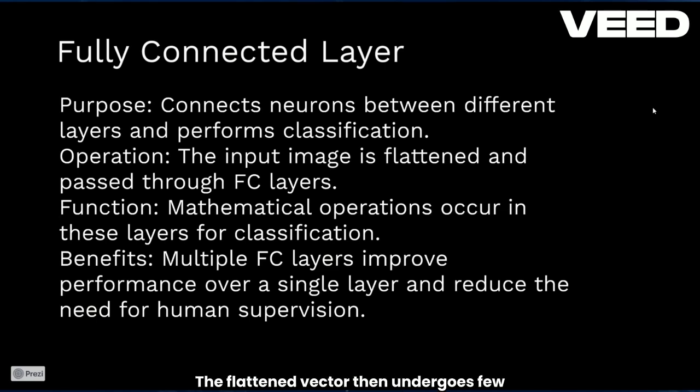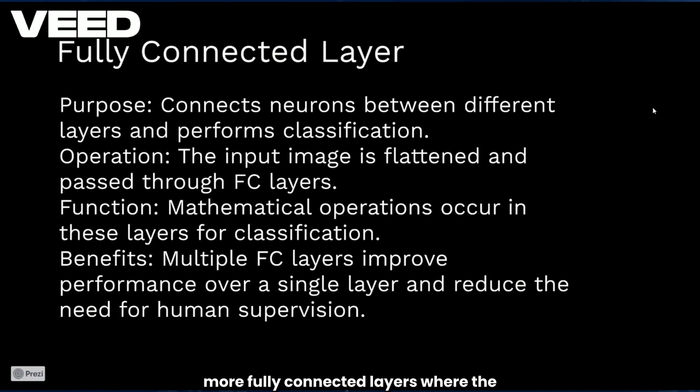The flattened vector then undergoes a few more fully connected layers, where the mathematical operations usually take place. In this stage, the classification process begins to take place. The reason two layers are connected is that two fully connected layers will perform better than a single connected layer. These layers in a CNN reduce the human supervision.